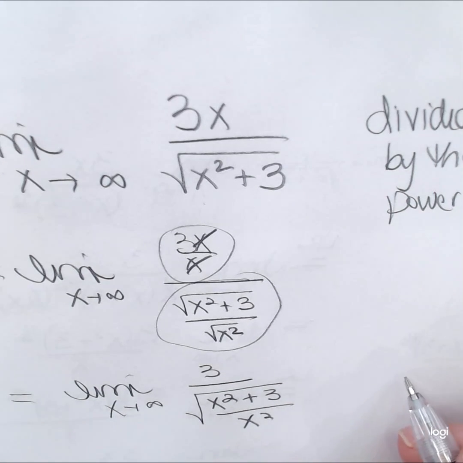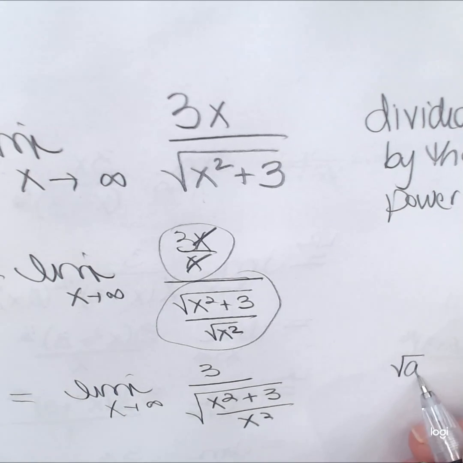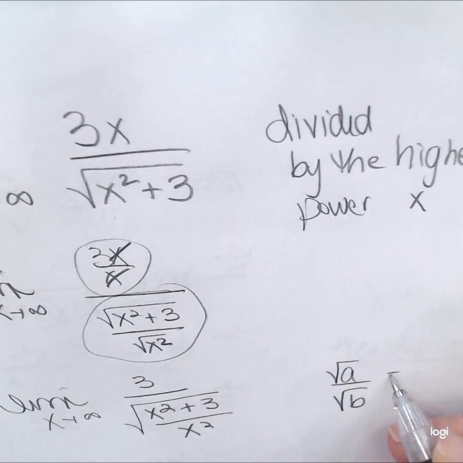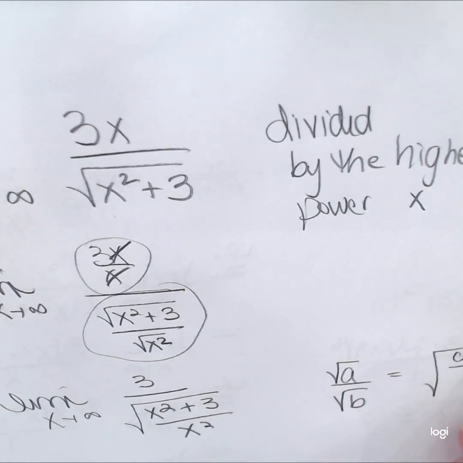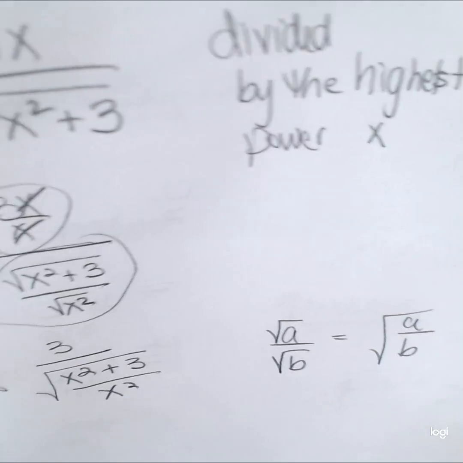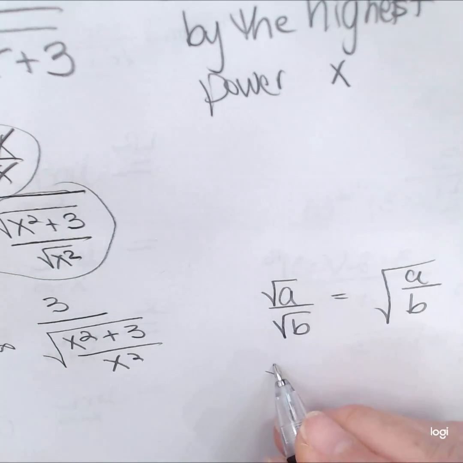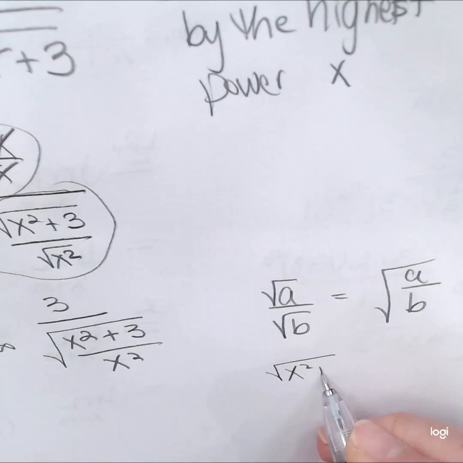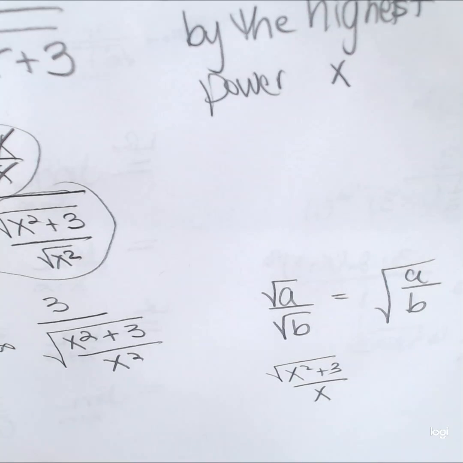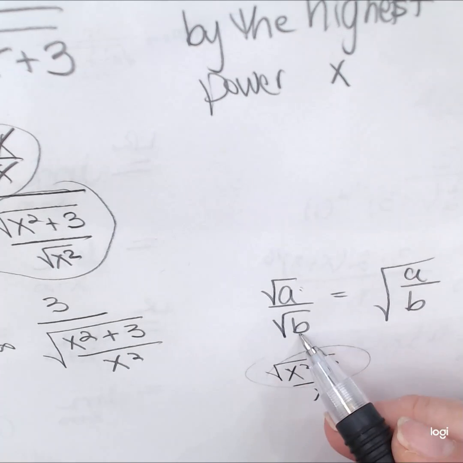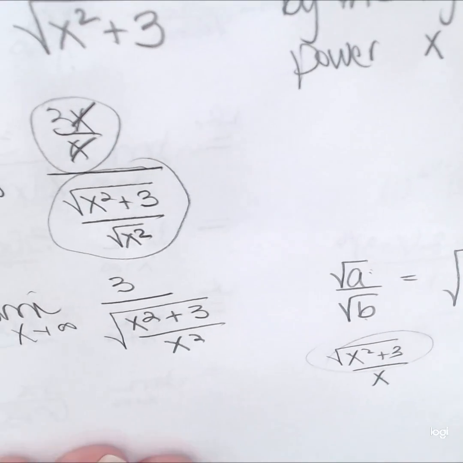The property I'm using here is that the square root of a over the square root of b is equal to the square root of a over b. You could not have divided those terms by x by doing any kind of canceling, because there's a function on the outside, and you can't go into that function. But if they're both the same function, I can put them in the same thing.